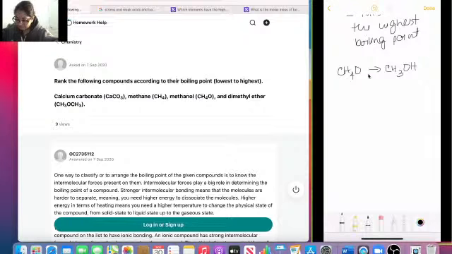Your OH is your hydrogen bonding, so the compound possesses one of the strongest intermolecular forces. Hydrogen bonding is one of the strongest intermolecular forces, and so you can say that this has strong intermolecular forces.